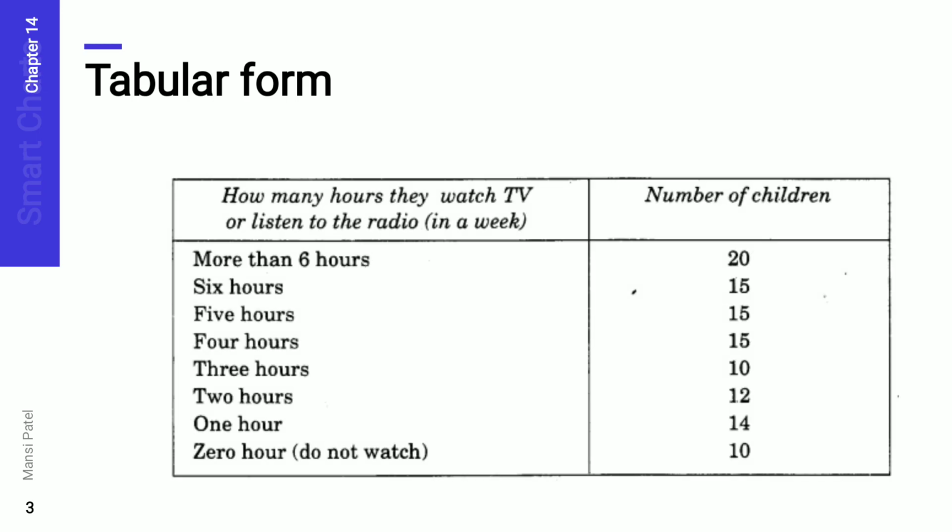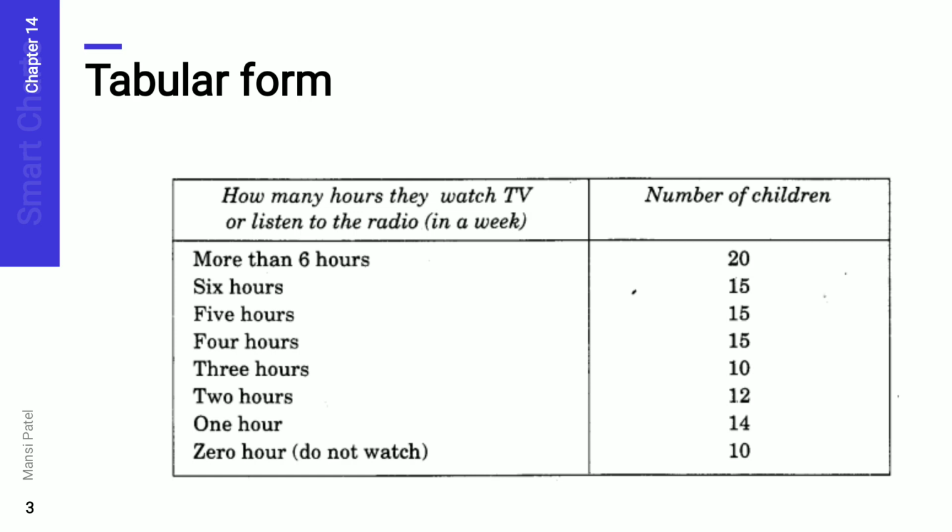So see here first, the tabular form of this data. You can see here in the form of a table there were given some data. In the first column they were given how many hours the students are watching TV or listening to the radio in a week, and on the other side they were given the number of children.